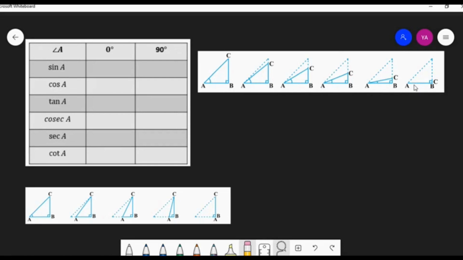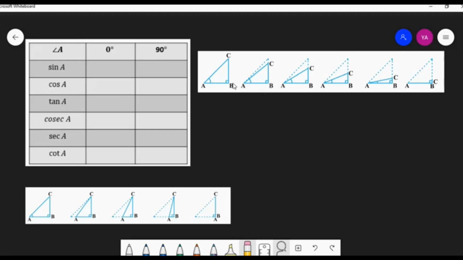At that time, what will happen to the side opposite to angle A, that is the length of BC? BC will become 0, right? Because when we move from left to right through these pictures, the vertex C is coming closer and closer to vertex B. When angle A becomes 0 in the last picture, vertex C will coincide with vertex B. At that time there will be no height, and the length of BC will become 0.